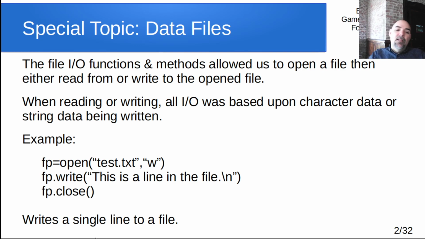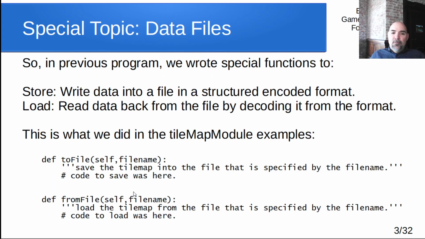Now, that's useful. And in previous programs, like our tile map module examples that we did previously, we would store data into the file by encoding the data in some sort of structured format that we came up with, and then we would read it back from the file by opening it, reading the line in, and then decoding it from that format.